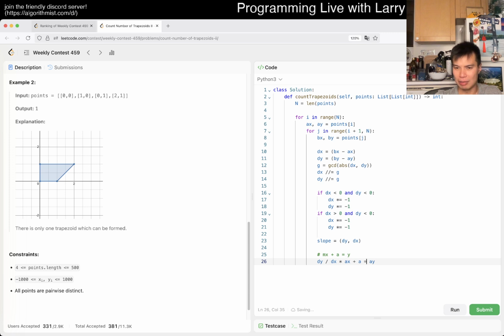Maybe it's either that or this one. I always forget. But then now we times dx on everything, right? Wait, did I do that right? Yeah, okay. Times dx on everything, and then now we're solving for a, so we just subtract this maybe, and then now we divide this back out. Maybe a little bit awkward.